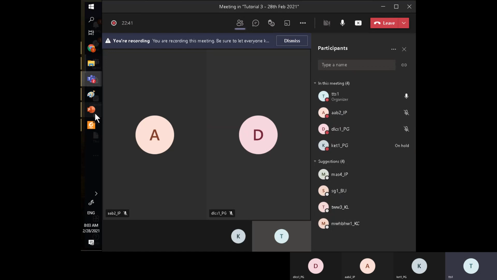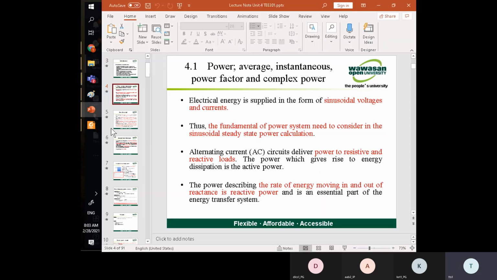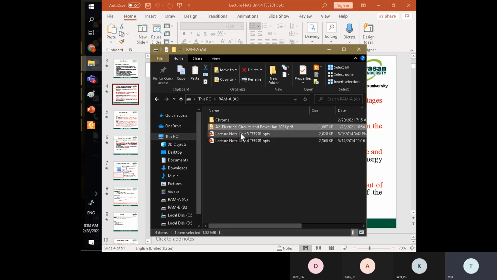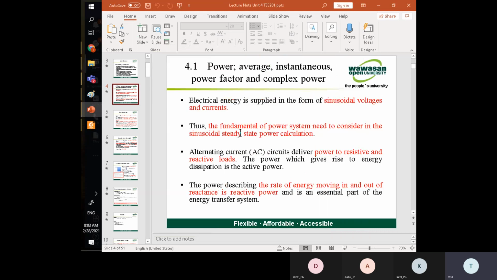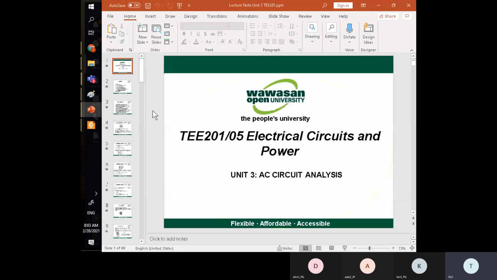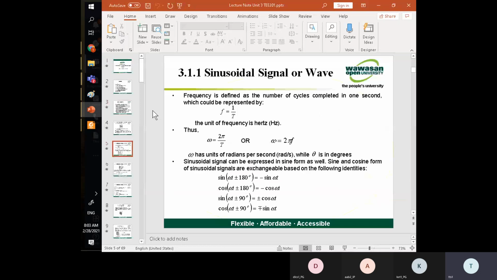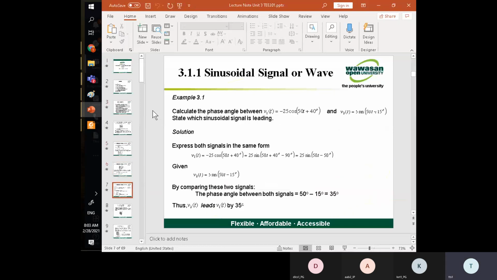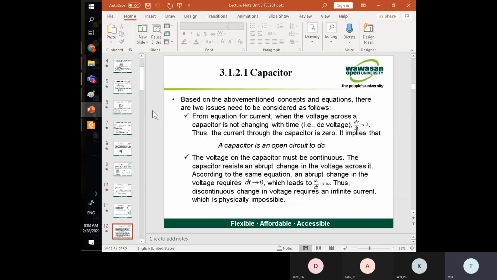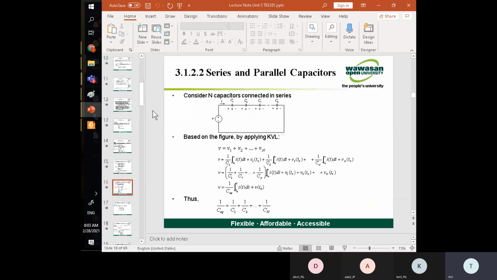Before we begin, I think we still need to go back to unit 3 a bit, especially this part, the AC waveform and the phasor diagram. We need to look back a bit.